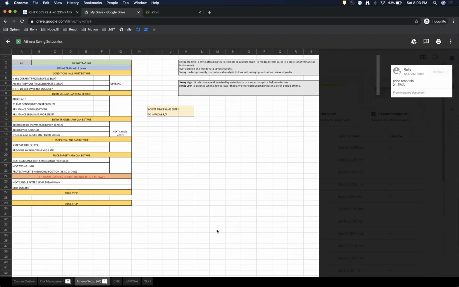So again, you can hear any terms, but usually these are just the prerequisite or kung yung gusto mong makita before mo pindutin yung buy or sell na button. So kanina sabi natin swing trading at saka yung swing high and swing low.